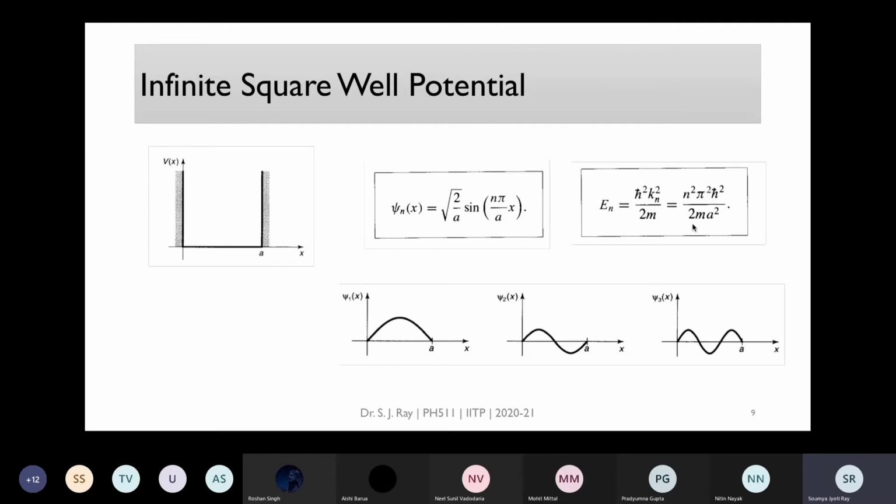Let's say you are the particle, and I confine you in one room. Now if I keep reducing the size of the room, what will happen?